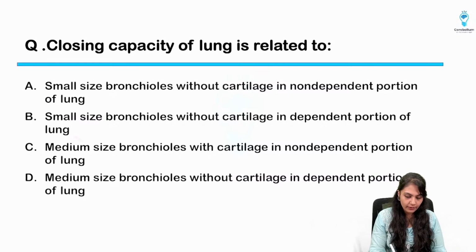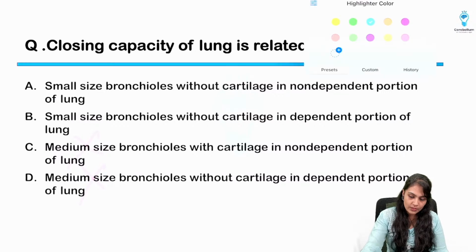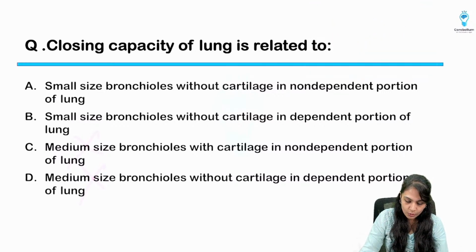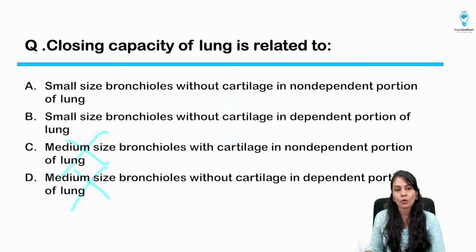I'm giving you the hint. Medium size airways that we usually talk about are not going to come in this. So these two are already out. So what is going to be the answer? Tell me. They are asking about closing capacity.